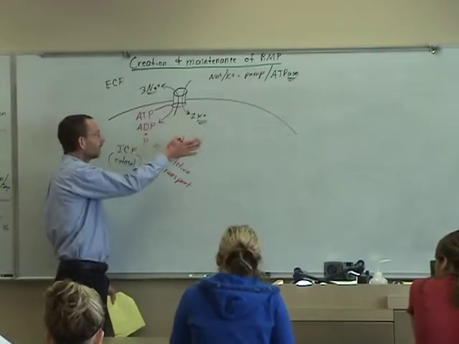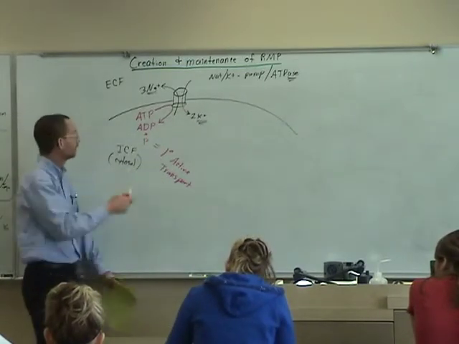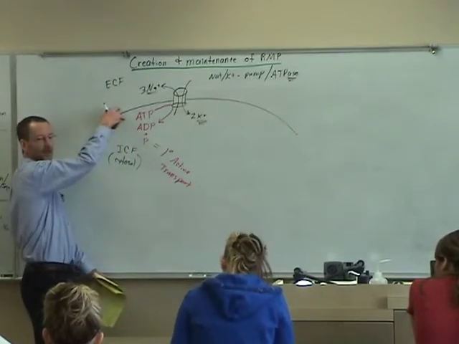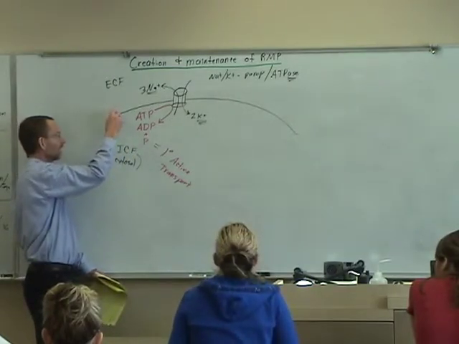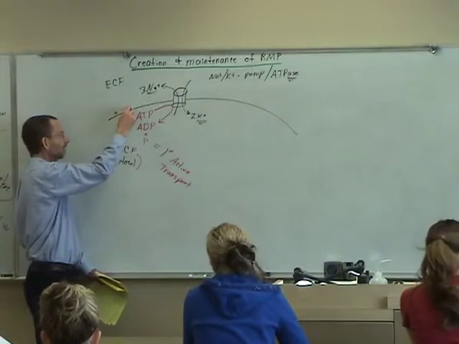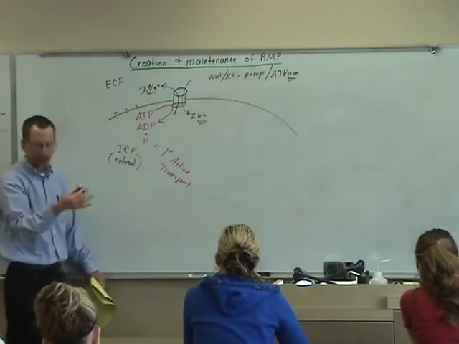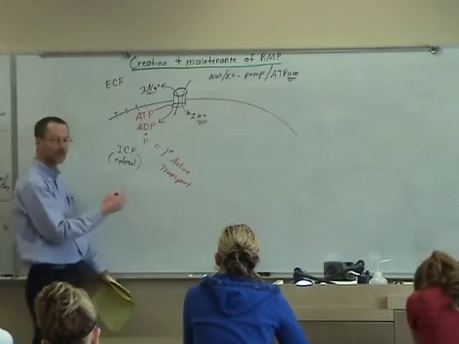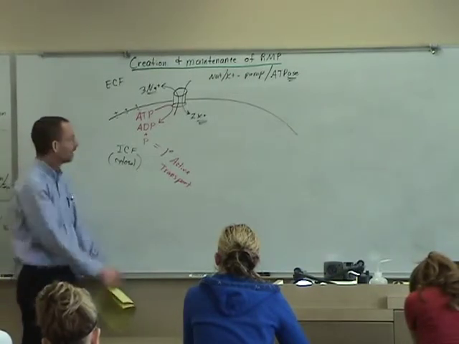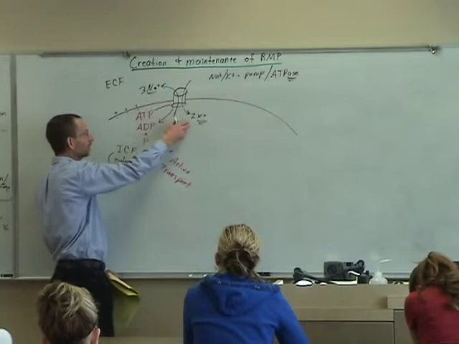So one way of looking at this, you know already the charge on the outside is positive relative to the inside. And one way that it sort of makes sense is just to look at the number of ions that are pumped.